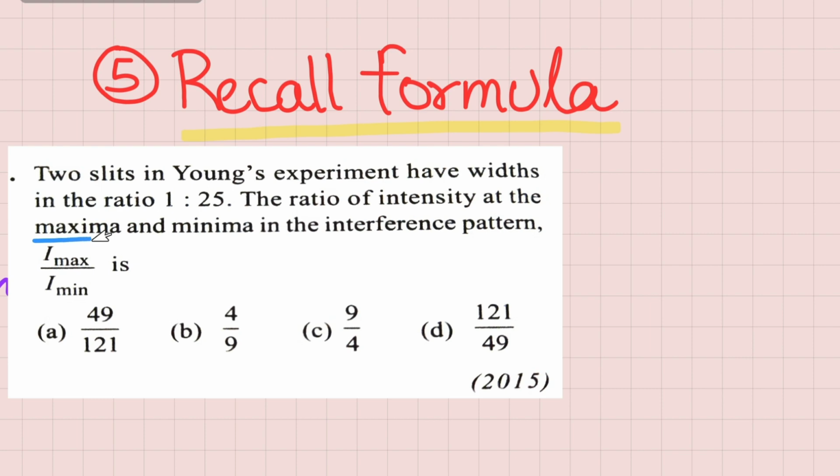You should know the formula for intensity at maxima and intensity at minima with respect to width, because in the question the slit width is given, so you have to find the formula.